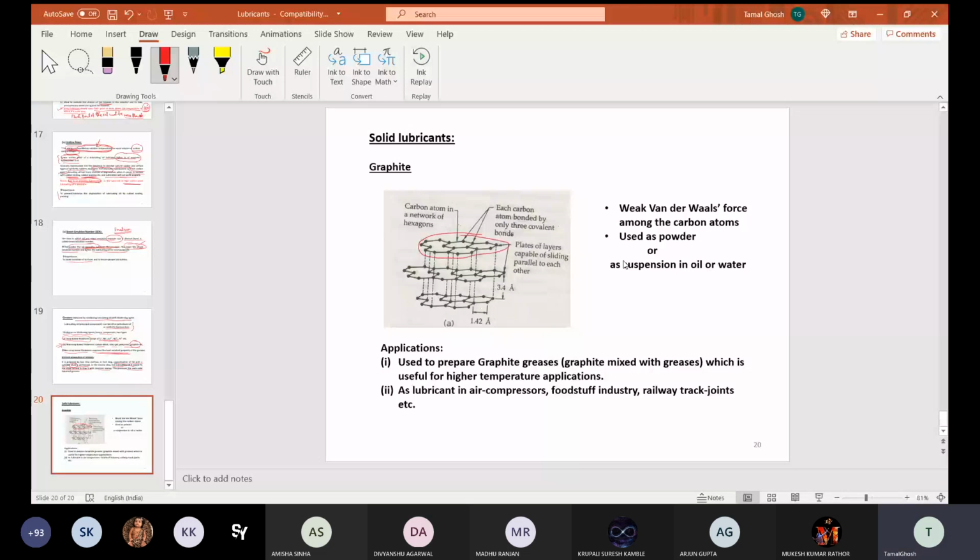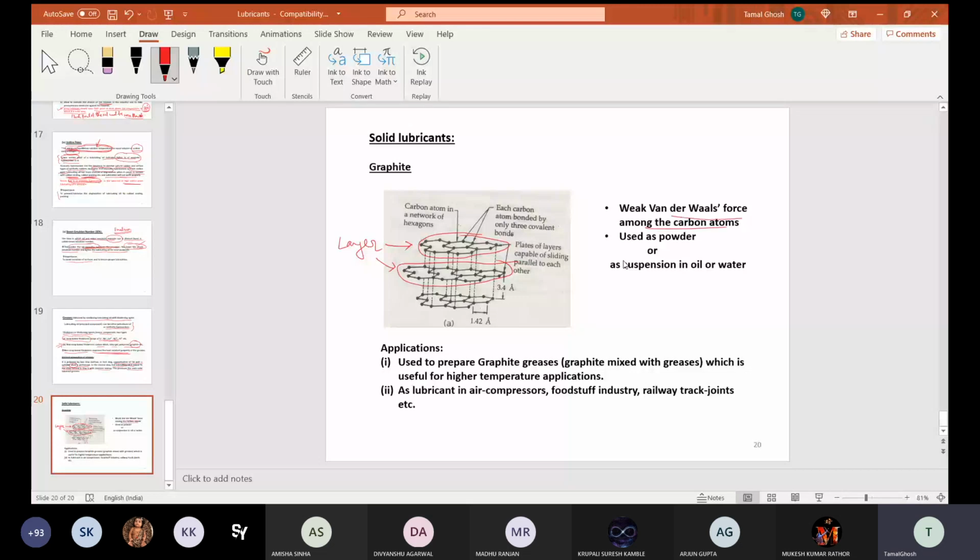Below that layer there is another layer, so this is a layer structure, and among these layers there is a weak van der Waals force working among the carbon atoms.